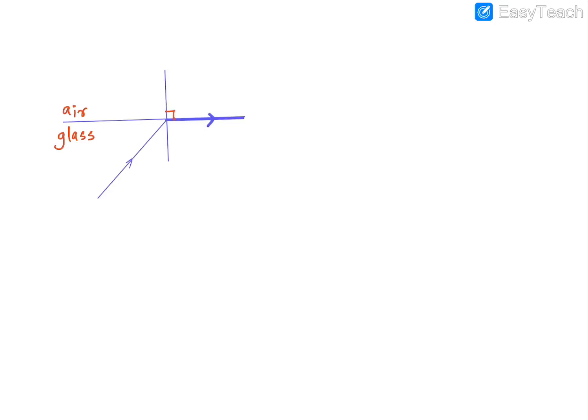Now this is your angle of incidence. Now if I ask you what is the refractive index of air with respect to glass, what will be your formula? Sin i upon sin r.